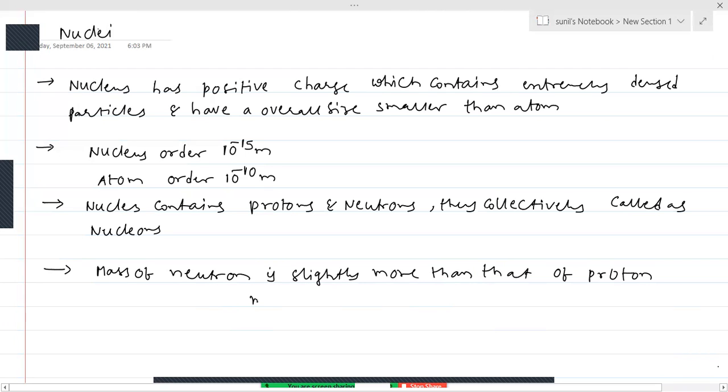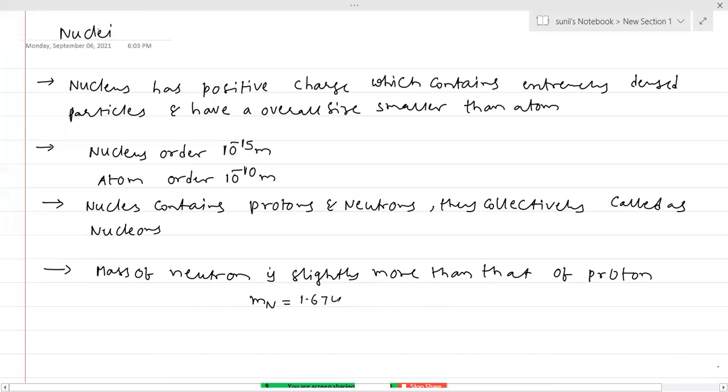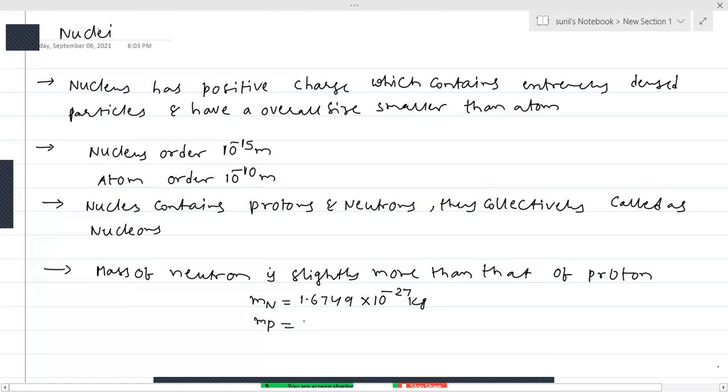And we know that the mass of the neutron is 1.6749 into 10 power minus 27 kilograms, and the mass of the proton is 1.6726 into 10 power minus 27 kilograms.